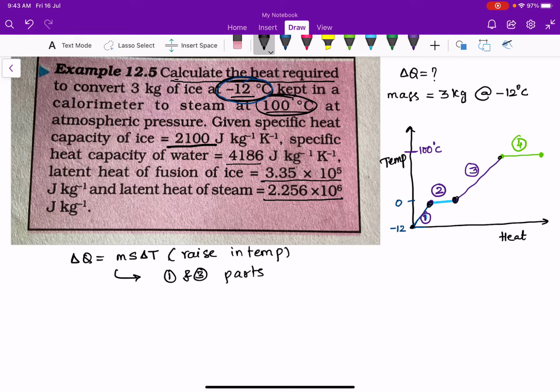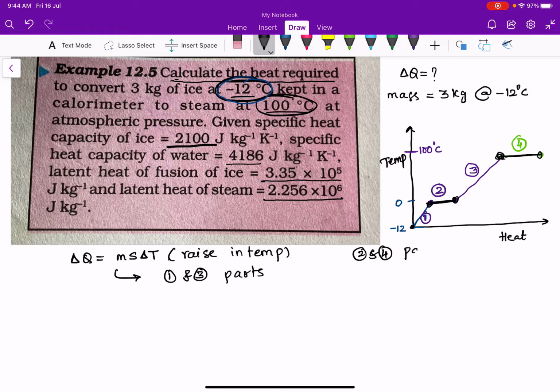And in the second and fourth steps, there is no rise in temperature. What is happening here? At constant temperature, the change of state is occurring, that is, solid to liquid and liquid to gaseous state. Change of state occurs at constant temperature.